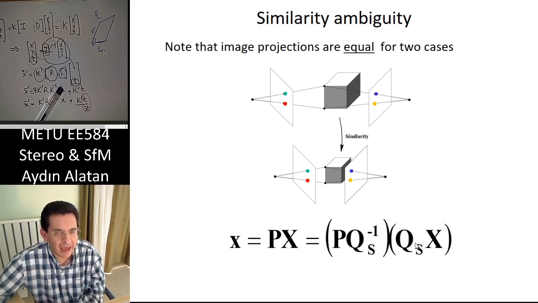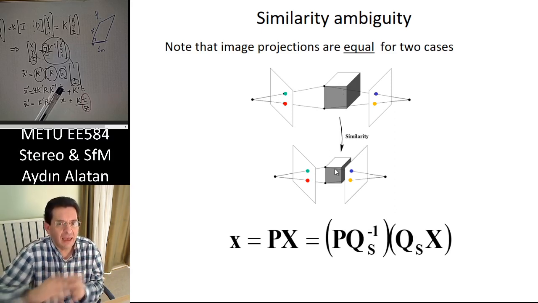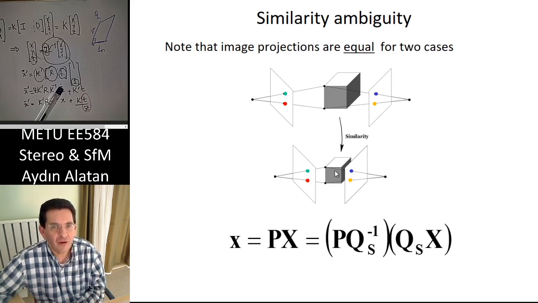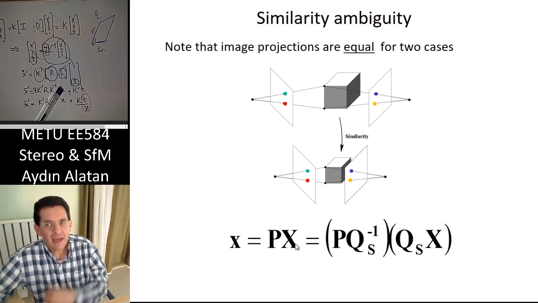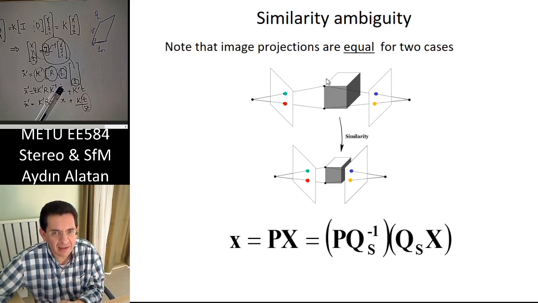If you have that case, you can have the same cube for similarity, not Euclidean, unknown scale, you will have this kind of result, okay? In fact, this is the case I was talking about previously with the scaling ambiguity. Even if you know the calibration, the translation and the 3D are always up to a scale. This is this case, okay? And you cannot beat this. Even if you have calibration, you will still live with this case.